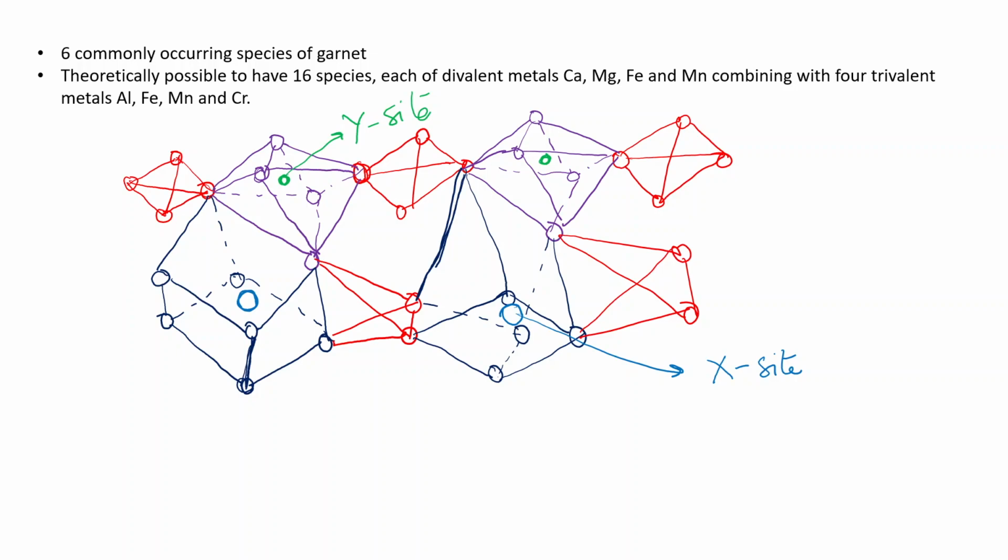So we can have these 16 species, but of course, naturally they don't occur like this. Either you have to synthesize it under the conditions which are given, or it is just theoretically possible. You have to understand it like that.